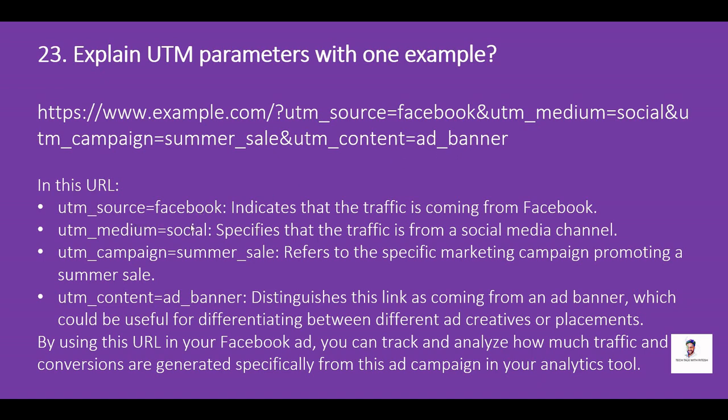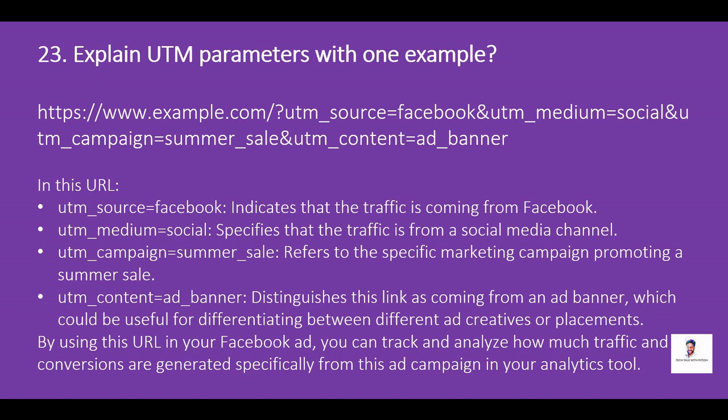That is what I just explained here, that the source is Facebook, which indicates that the traffic is coming from Facebook, etc. And by using this URL in your Facebook ad, you can track and analyze how much traffic and conversion are generated specifically from this ad campaign in your analytics tool. So this is so powerful.